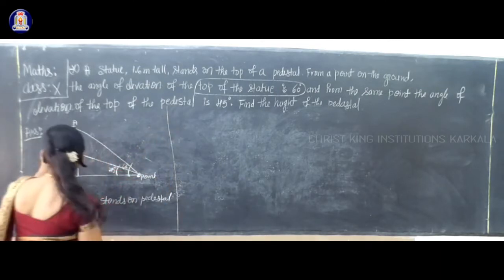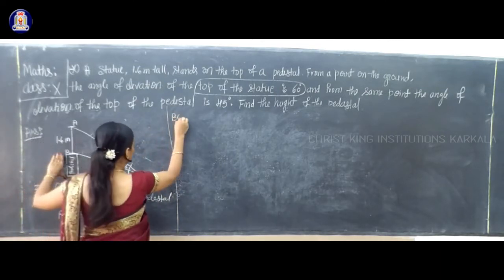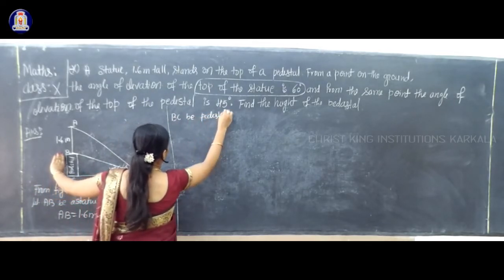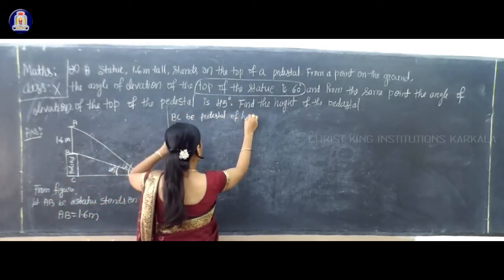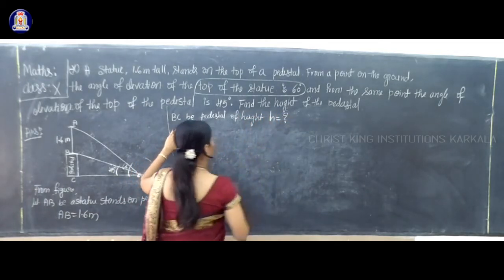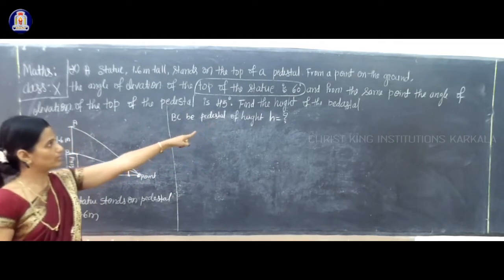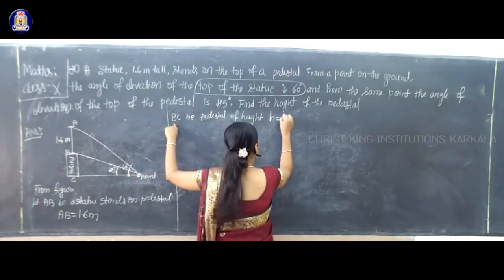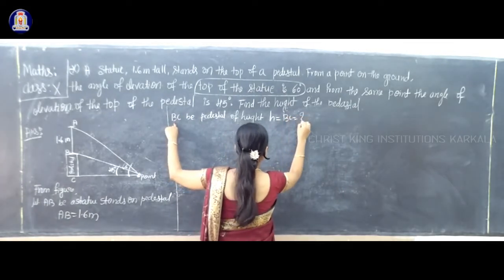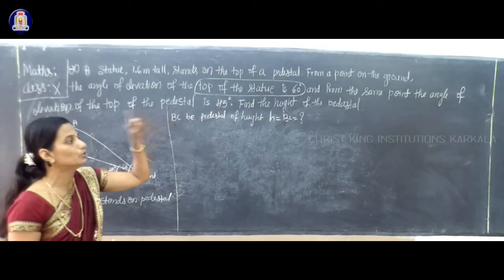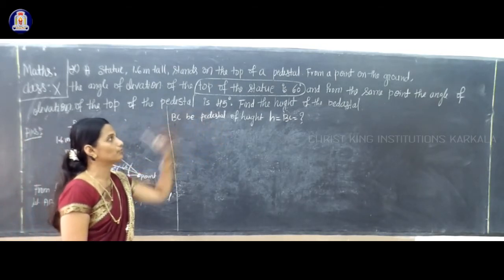Next, what is your BC? BC, a pedestal of height h. That is your question now. That means find the height of pedestal, that is h. h is equal to BC. That means in the question you have to find out what BC is equal to. That BC is the height of the pedestal.